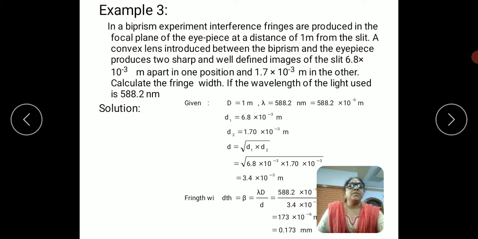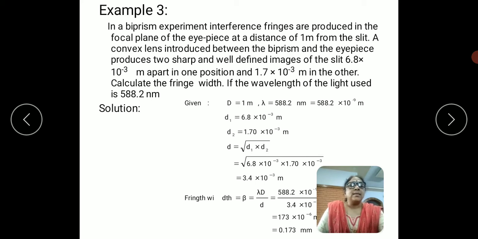Then calculate the fringe width, if the wavelength of the light used is 588.2 nanometer. So first write the given things: capital D is equal to 1 meter and lambda is equal to 588.2 nanometer, so nano is 10 raised to minus 9 meter. Then the magnified image distance d1 is equal to 6.8 into 10 to the power minus 3 meter and d2 is equal to 1.7 into 10 to the power minus 3 meter.